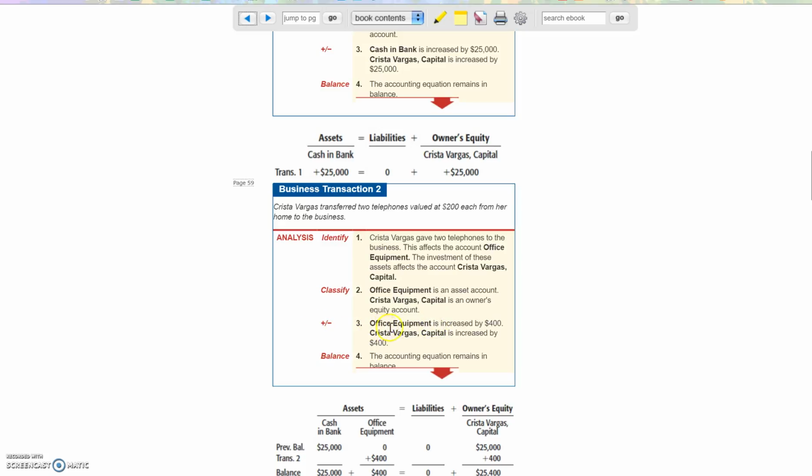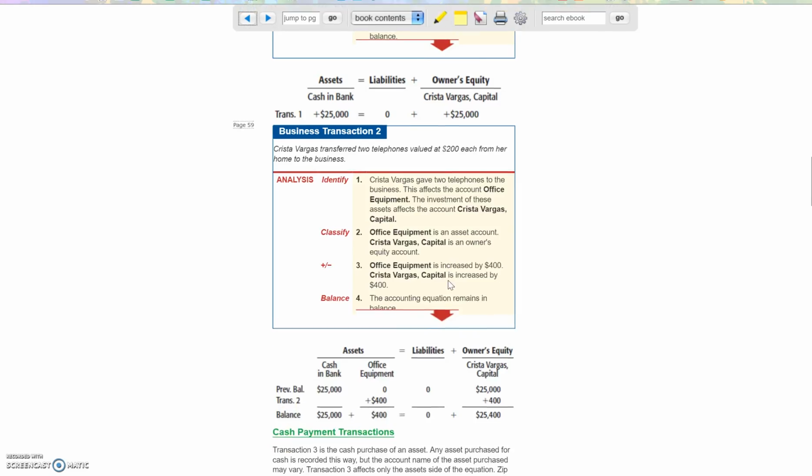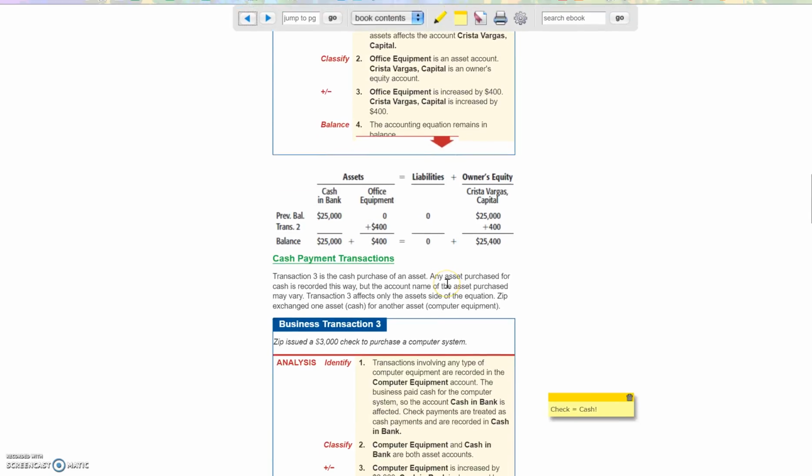Increase or decrease, they are both increasing by $400 because each phone is worth $200. Then let's make sure that the accounting equation stays in balance. We're increasing office equipment by $400 on the left side, and Krista Vargas's capital account is going up. So both sides are equal to $25,400.